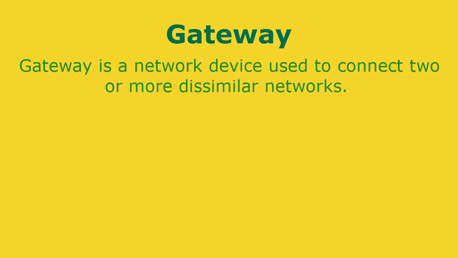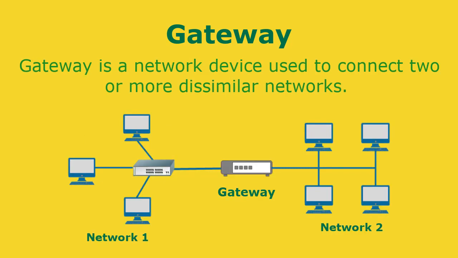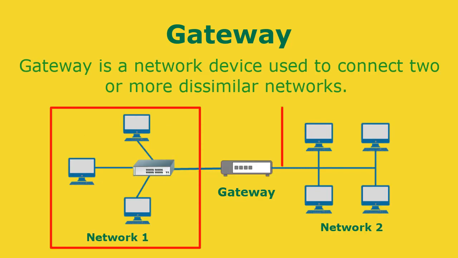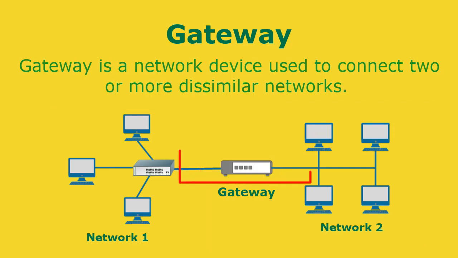Now the gateway is a network device used to connect two or more dissimilar networks. That is, networks that use different protocols. It establishes an intelligent connection between the local network and an external network. A gateway usually is a computer with multiple NICs connected to different networks.